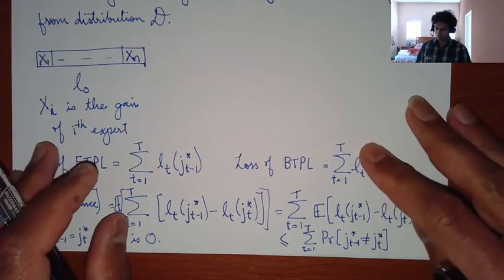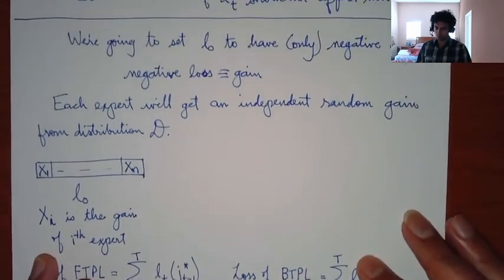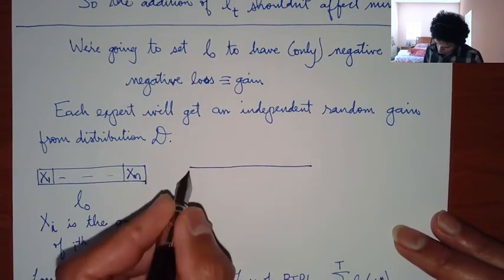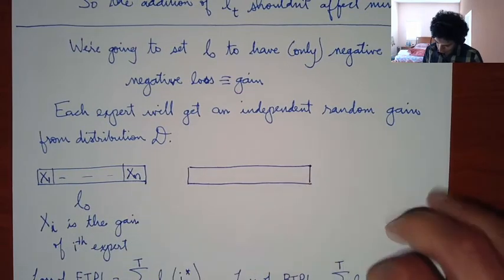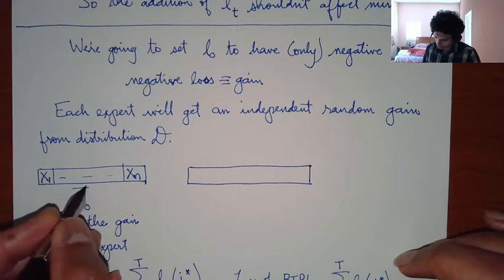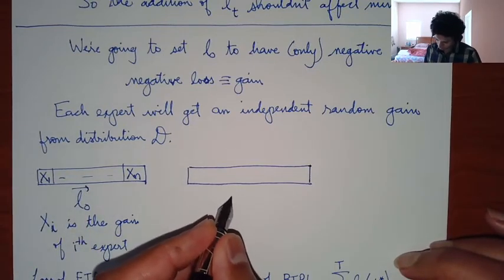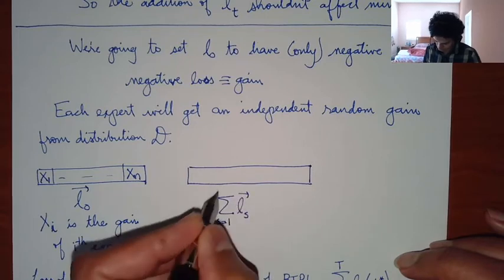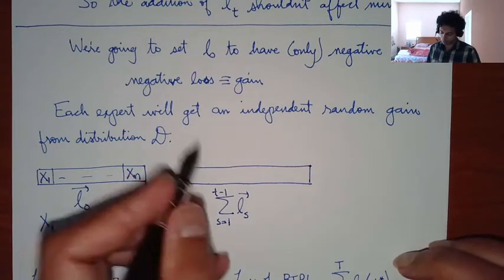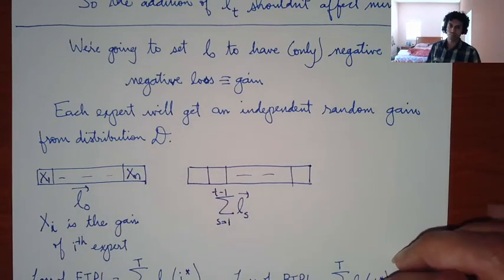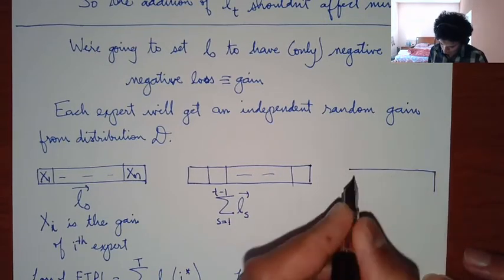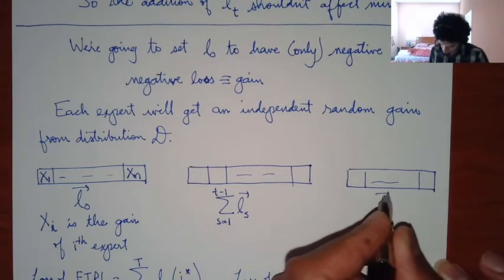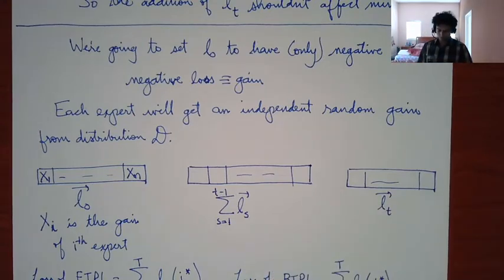So what is the switching probability? Let's go back to what all of this really is. Let me look at another vector here. Let's think of these as vectors. Look at the sum of L_s, s going from 1 to t minus 1. This is the sum of losses. And here is this other vector, which is just L_t^*.